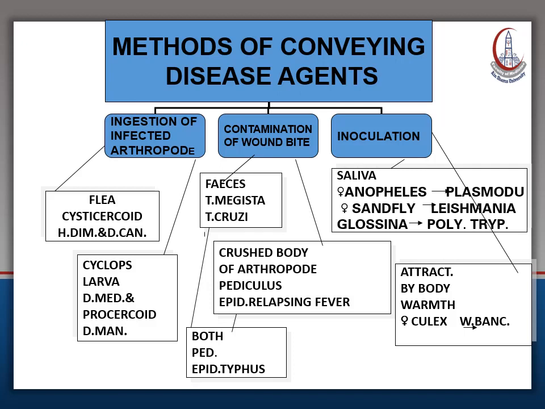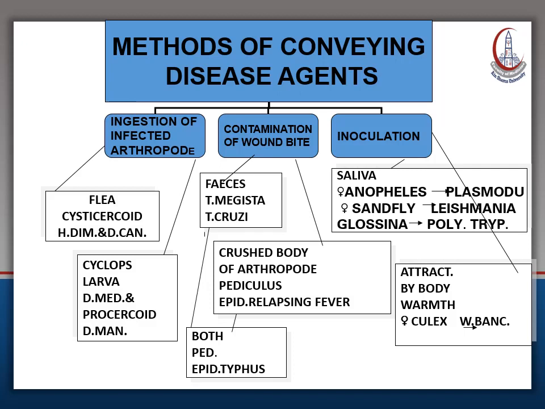Or the arthropod may inject the infective stage of the parasite with its saliva. As I said, the arthropod sucks blood and injects the saliva containing an anticoagulant to keep this blood in a liquid form, and this saliva may contain the infective stage of the disease agent.